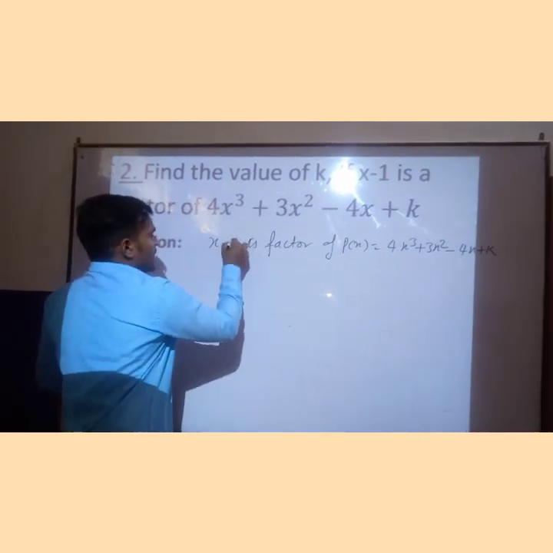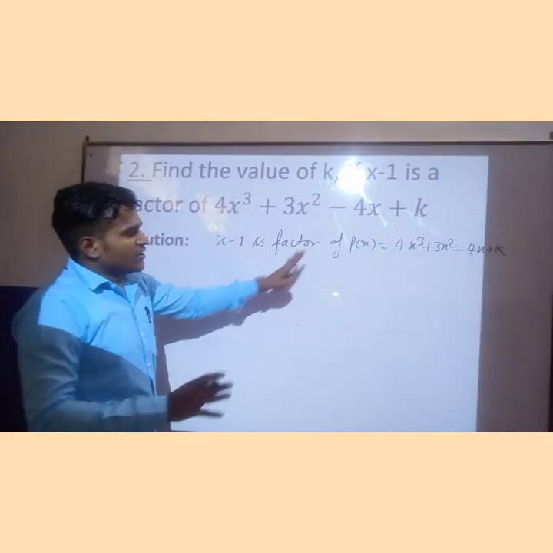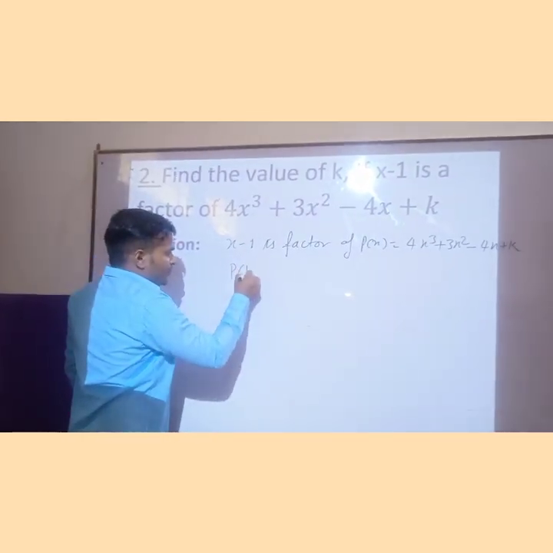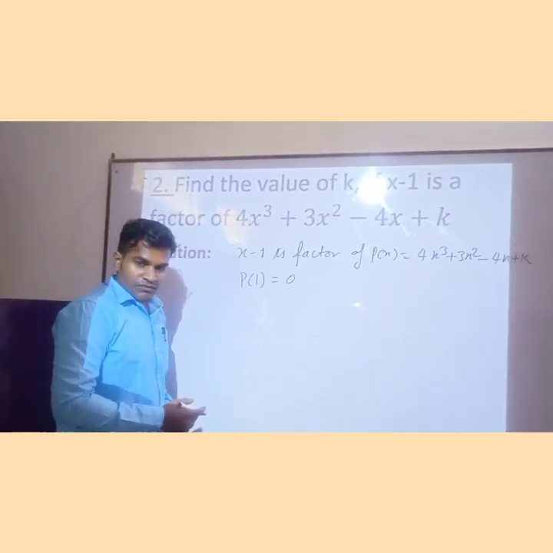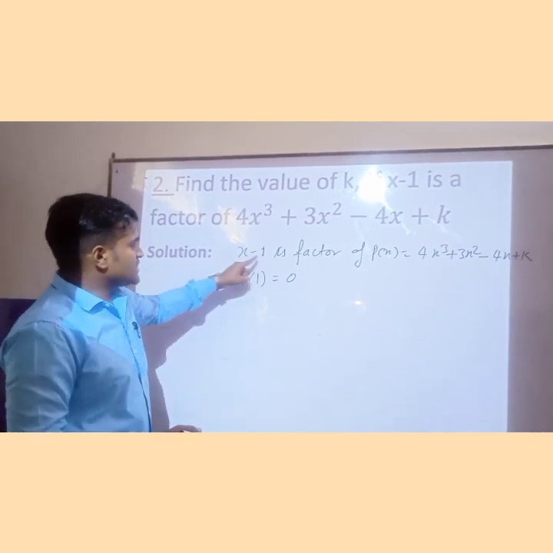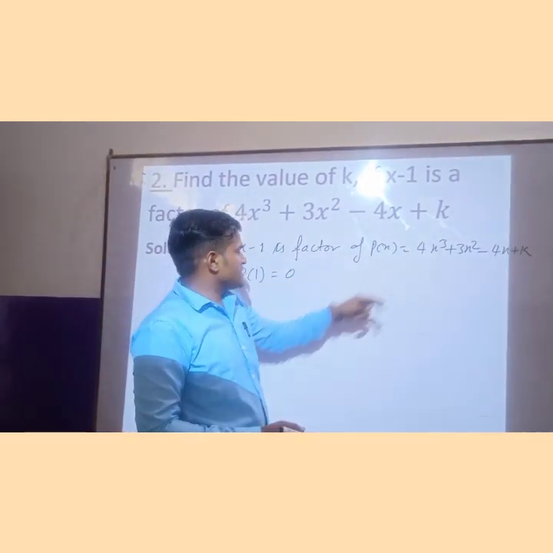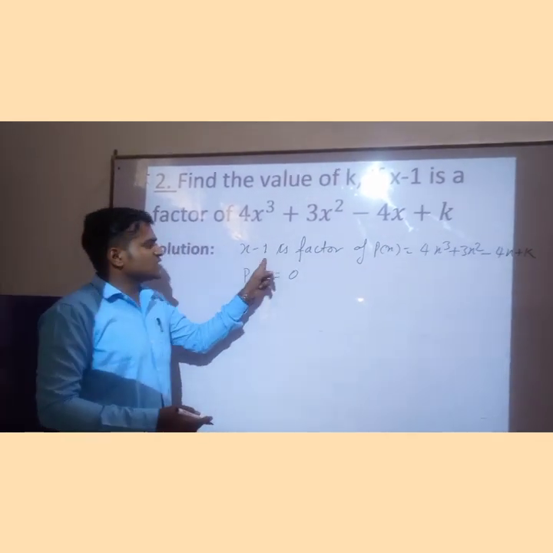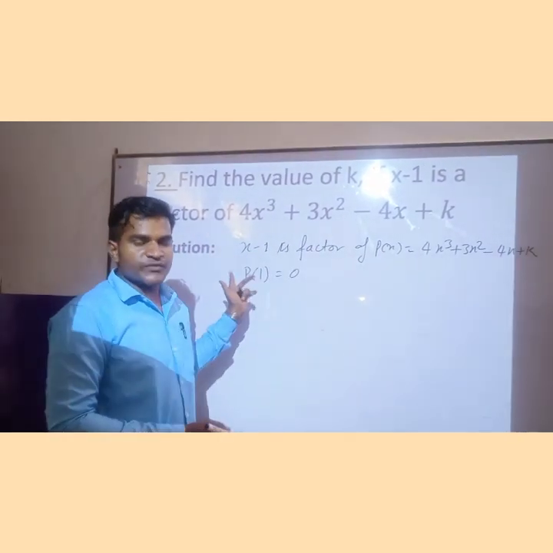If x minus 1 is a factor of p(x), it means p(1) is equal to 0. Why p(1)? Because the zero of x minus 1 is 1.